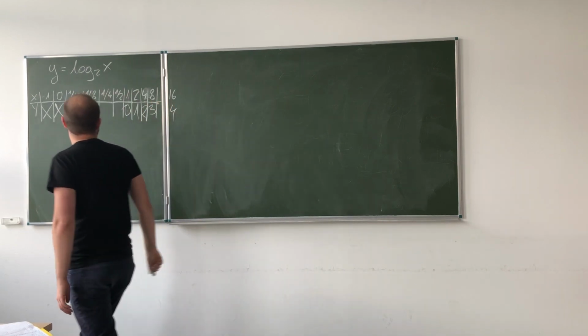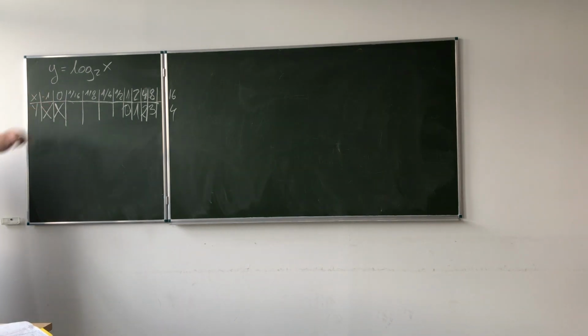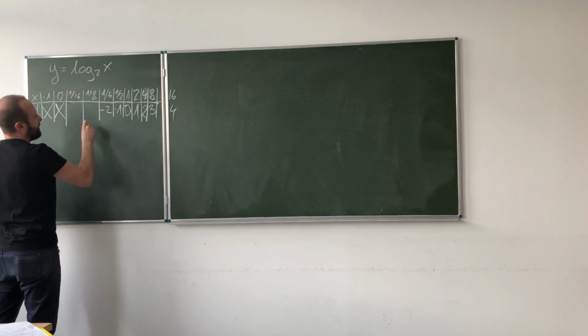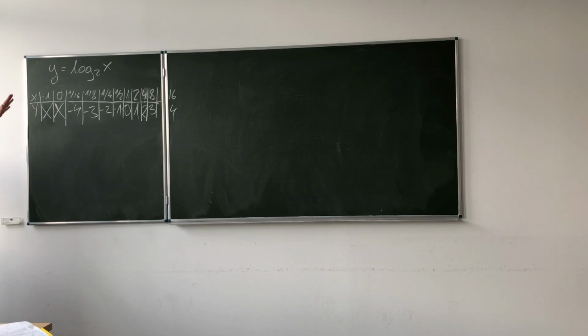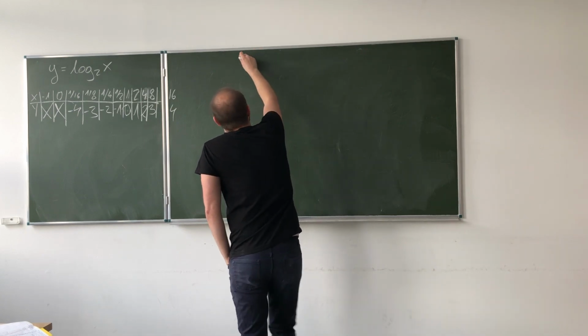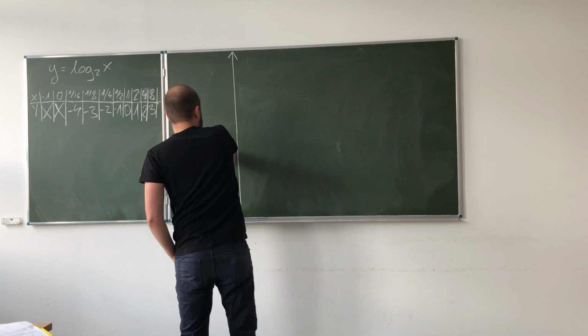Next one will be 4. Now, to which power I need to take 2 in order to get 1/2? -1, -2, -3, and -4. And I hope at this moment you can see the pattern that emerges from that. So now, if I want to draw a logarithmic function, what should I do?